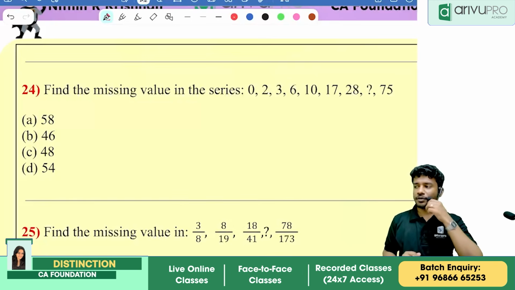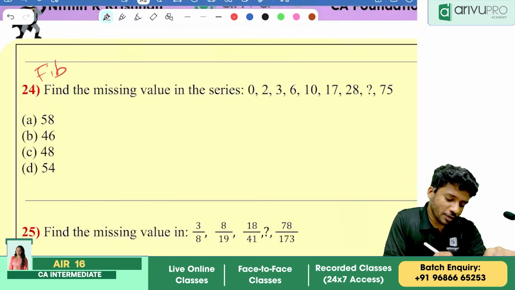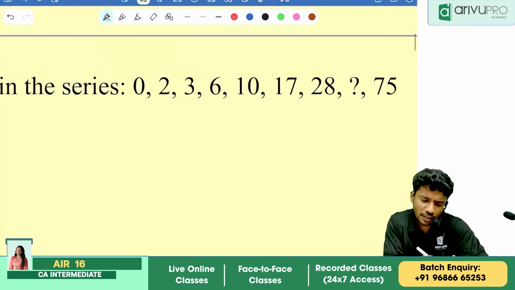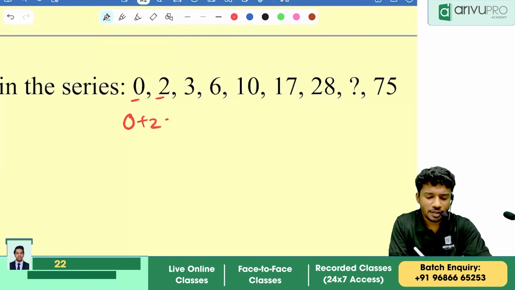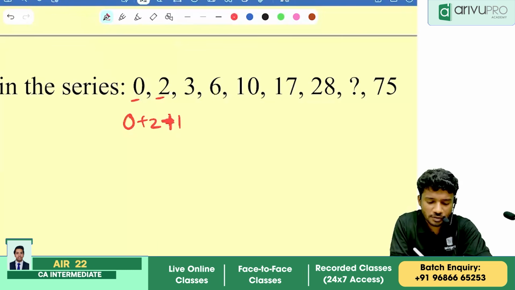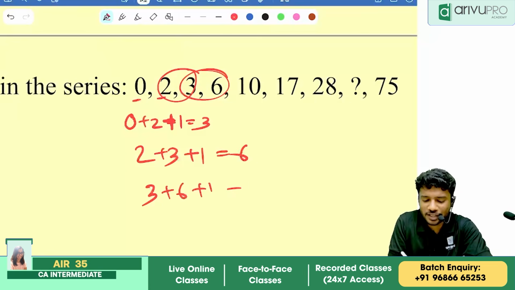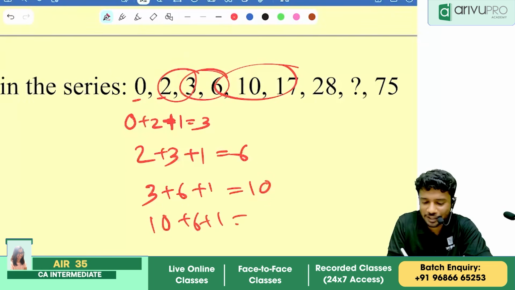Next one, people, over here. Find the missing number over here. This is the question I was telling about. Fibonacci series. So look here. 0 plus 2. 0 plus 2 will be what? 2. Plus 1 is how much? 3. 2 plus 3 plus 1 is how much? 6. 3 plus 6 plus 1 is how much? 10. 10 plus 6 plus 1 is how much? 17.